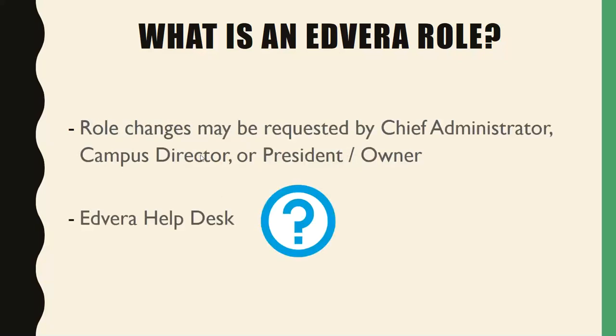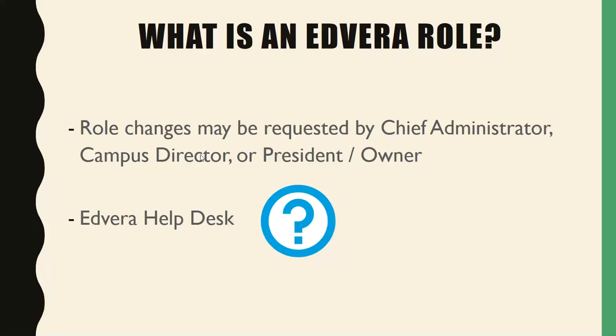Now, what happens if a school wants to change the chief administrator or any of the other roles, or if someone who has one of these levels of access leaves the school? So the chief administrator needs to contact the department through the EDvera help desk, and there is a big blue support button on each of the EDvera pages.